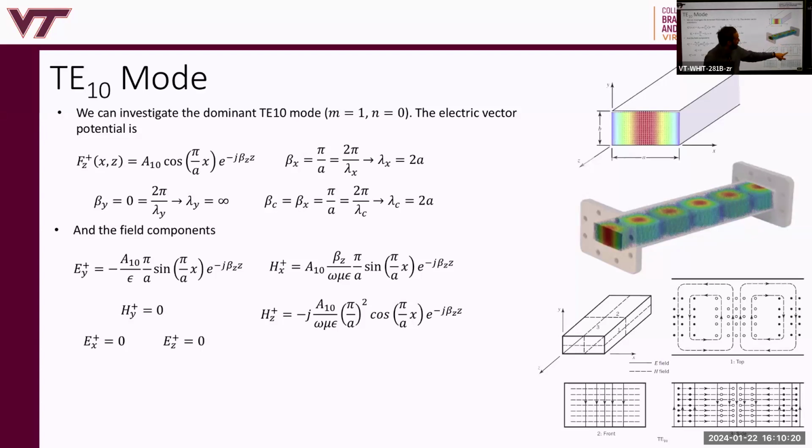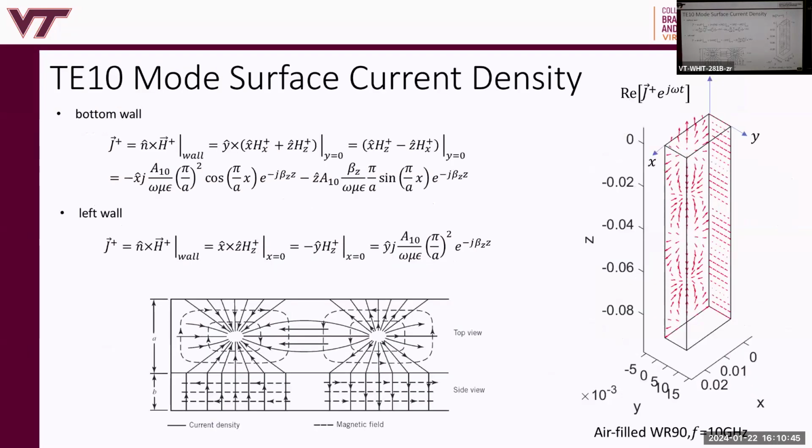The magnetic field circulates about those two, so it circulates in between here in the XZ plane. All right. So if we have a magnetic field like that moving down the waveguide, we expect the current density, which is related to n cross H, to also have a particular pattern related to this looping magnetic field, and it also travels down the waveguide, right? So here's what that looks like.